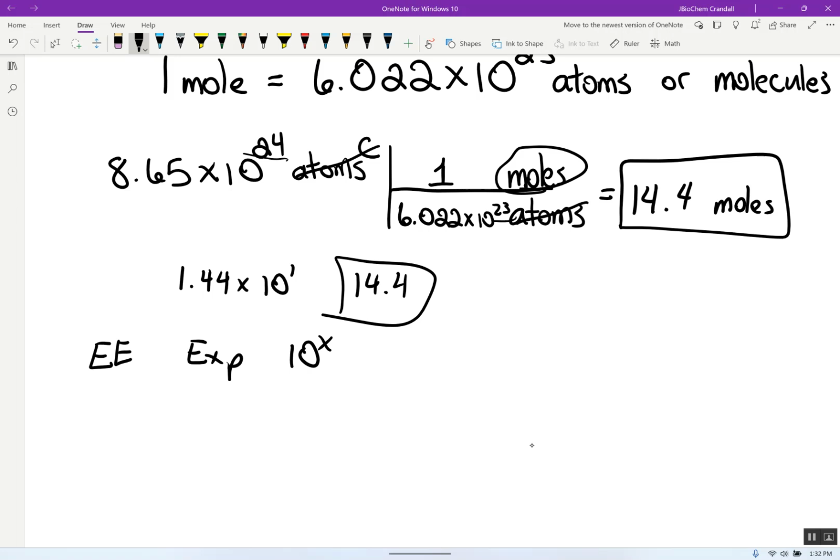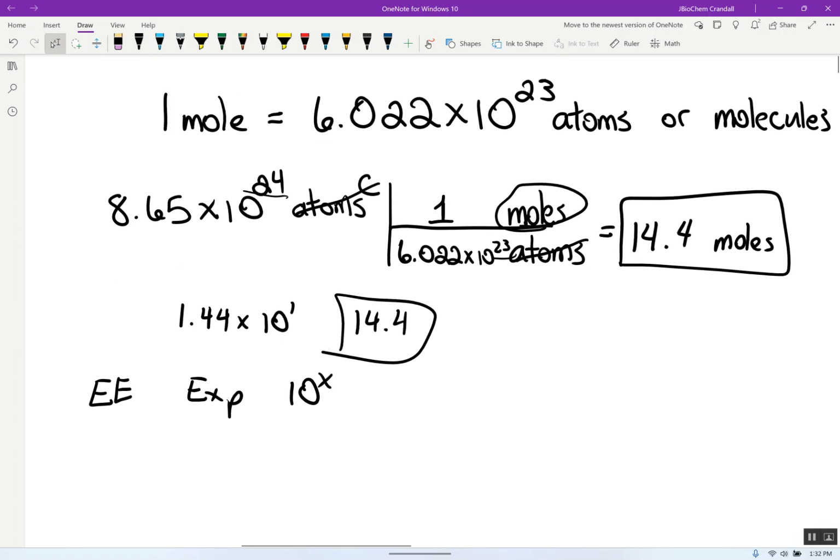So you can always add the exponents to get an idea of where you should be, or you can always subtract the exponents to get an idea of where you should be. Okay? So that's just a simple way to make sure you're answering the question correctly. All right?